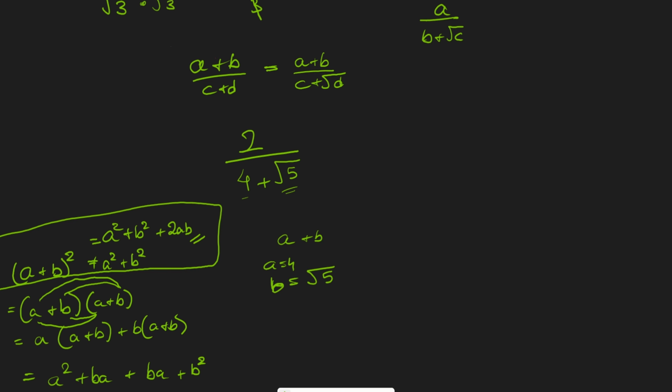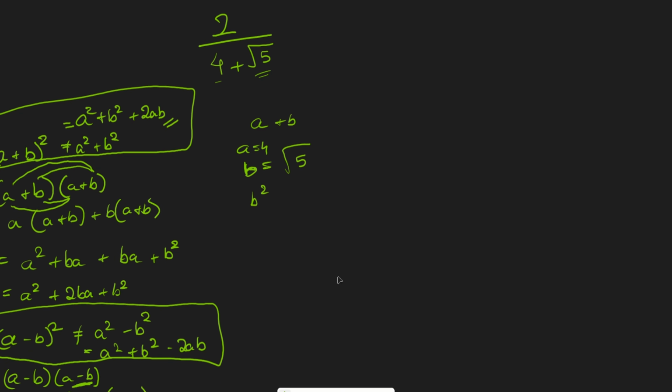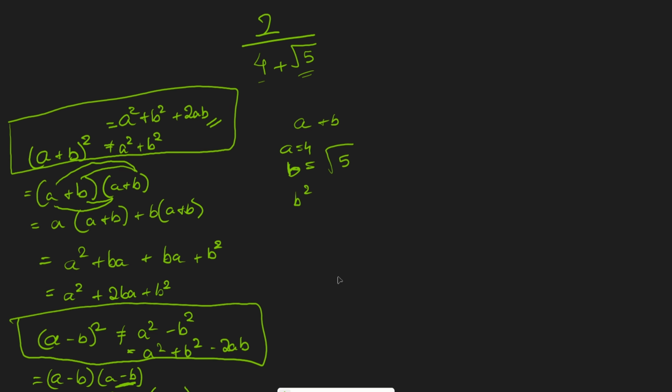Now we want to ensure that b is squared, so we can eliminate the square root. Right? So what, by multiplying it with what gives us the simplest expression in the denominator, right?